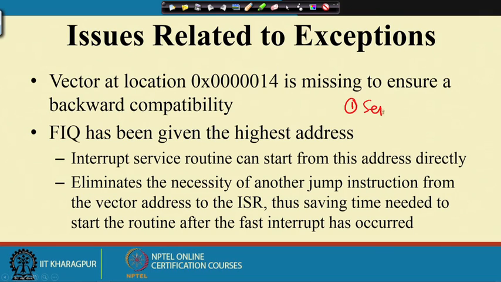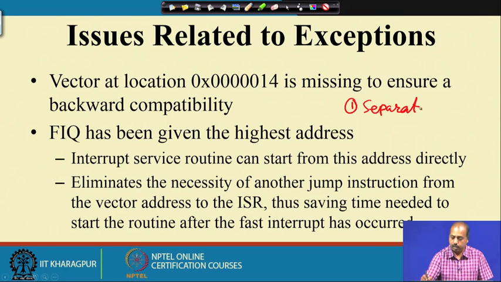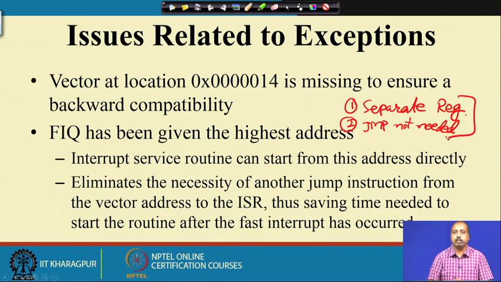Another reason is this highest address, so that a jump instruction is not needed at the beginning of the ISR. Because of that, the FIQ is faster than other interrupts.